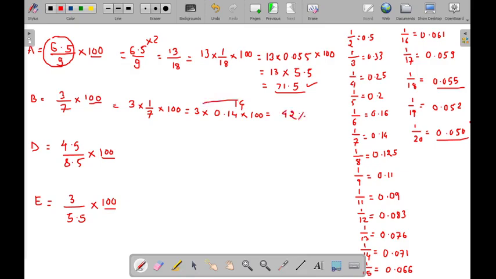So these values are in 1 upon 17 into 100. This will be 9 into 1 upon 17, which is 0.059, and when we multiply by 100, it will be 5.9.